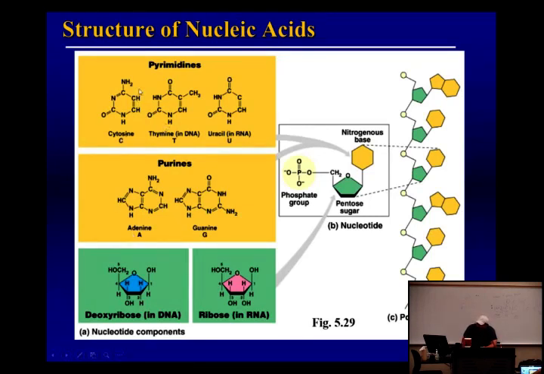So make sure you guys know that C's, T's, and U's are pyrimidines and A's and G's are purines. And just for the record, the difference is purines have 2 rings and pyrimidines have 1.